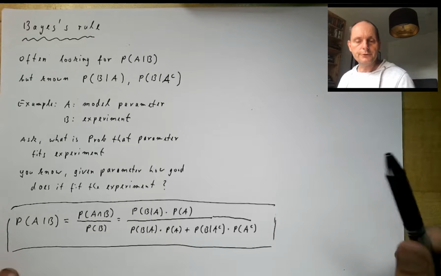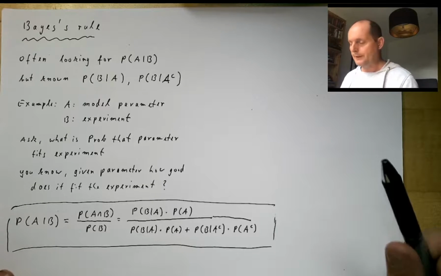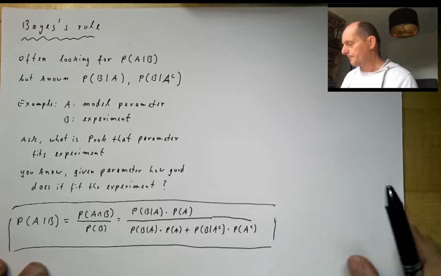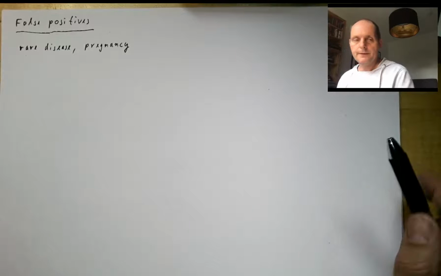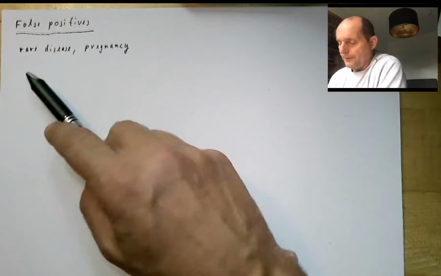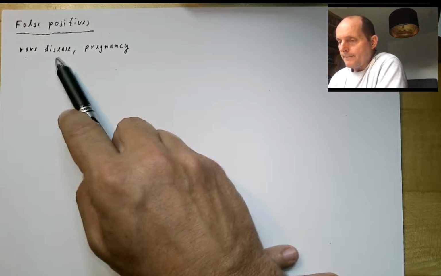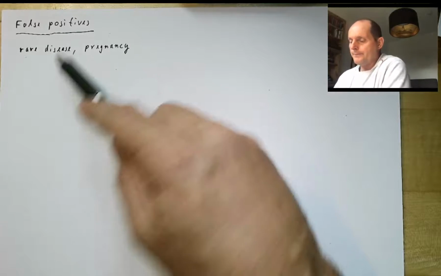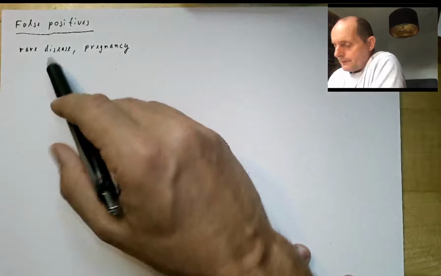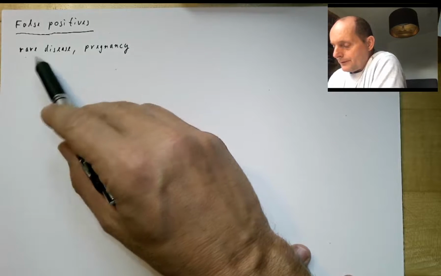I want now to show you two examples of how we can make use of this. The first example is very famous. That's the false positives. Let's assume there's a rare disease, and this recently became popular again with the coronavirus, with COVID-19.